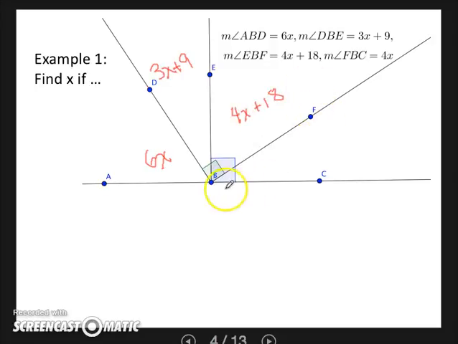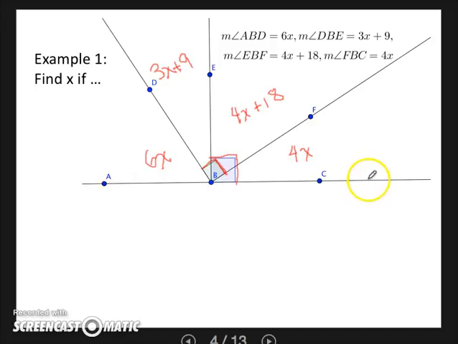The measure of FBC is 4x. And I'm also told that ray BD is perpendicular to ray BF and that ray BE is perpendicular to line AC.